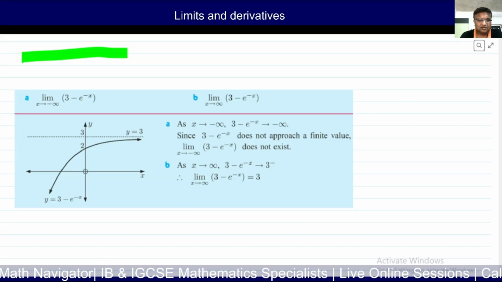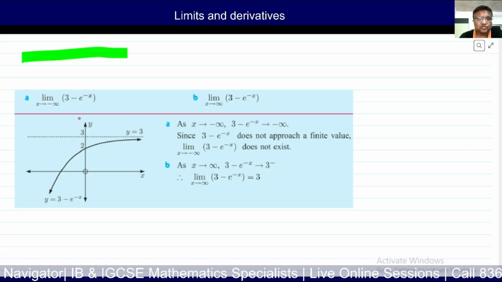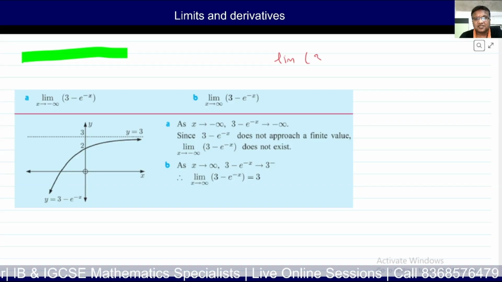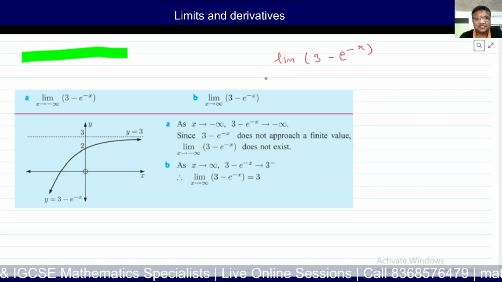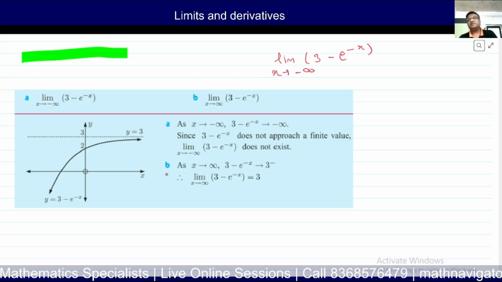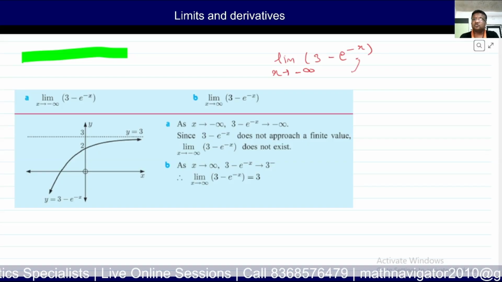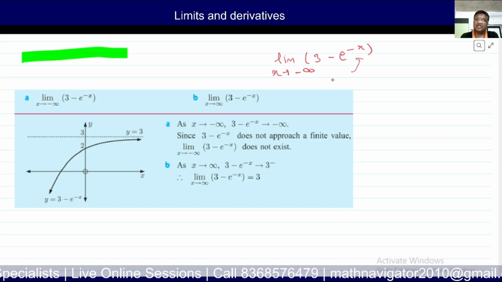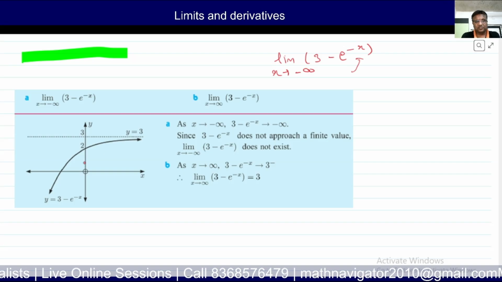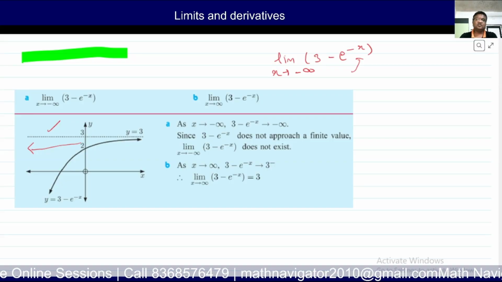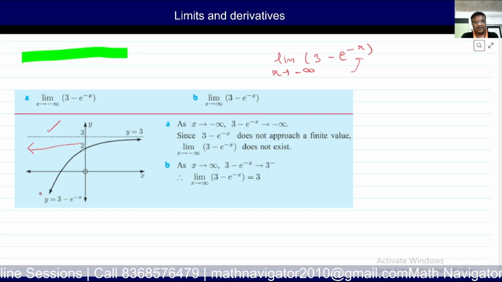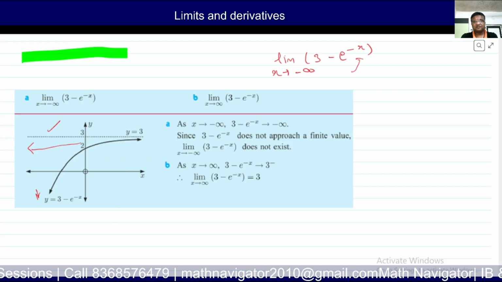I want to show you this graph. So limit 3 minus e raised to the power minus x as x tends to negative infinity. This means when x tends to negative infinity, that means a very large negative number. So as I move along this graph, x becomes a very large negative number, y also becomes a very large number, right?